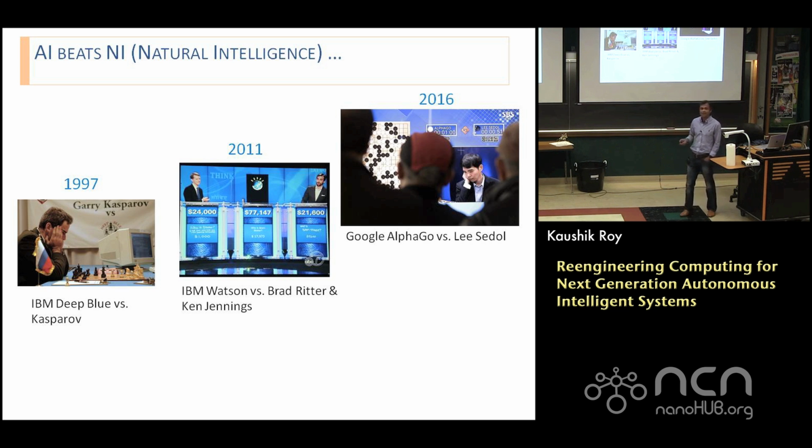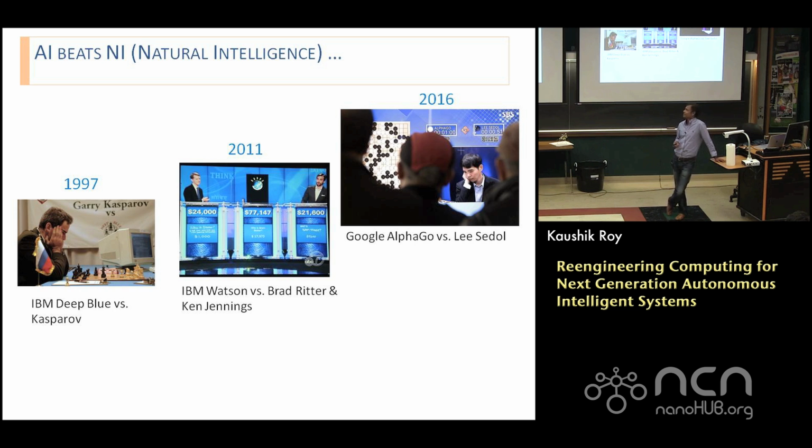And about a year and a half ago, Lee Sedol, the Go champion, played AlphaGo but lost 4-1. There's a nice video, actually a documentary movie, on this. You might want to see it. It's quite interesting. But more importantly, in all these cases, the computers did much better.